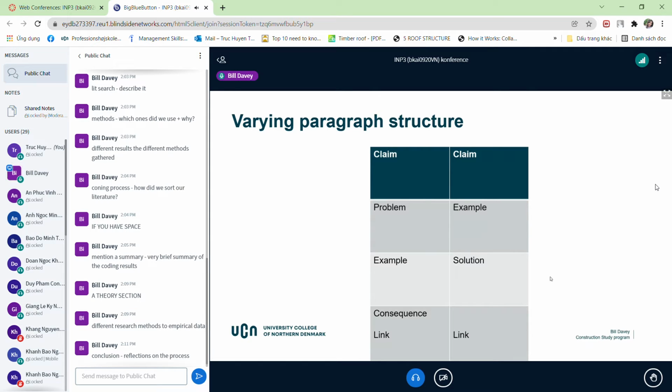You have to remember, you don't write for yourself, or you don't write for your group so much, but you write for a reader. So if it's the same paragraph structure again and again, then you're practicing that one structure. That's good in third semester, and it's good for your reader.